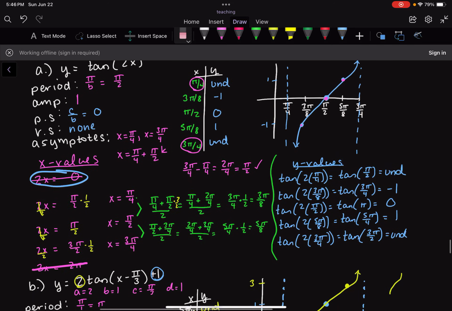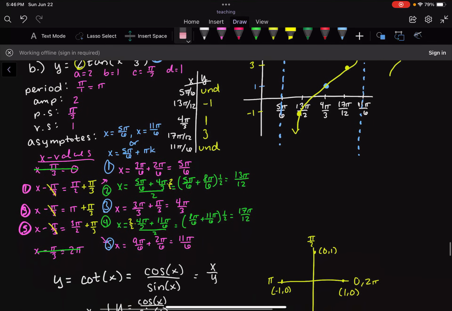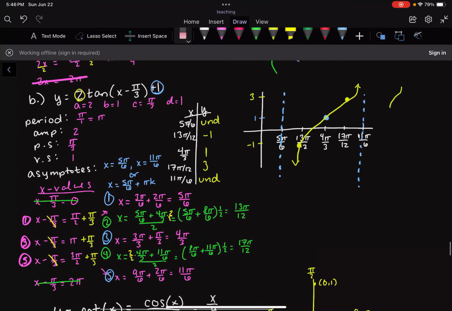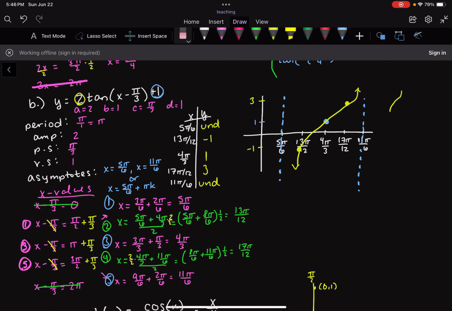However, later I did skip a little bit and I showed how to just do it using transformations. And that's usually what I would do when I graph tangent, at least for the y values, I would use transformations.